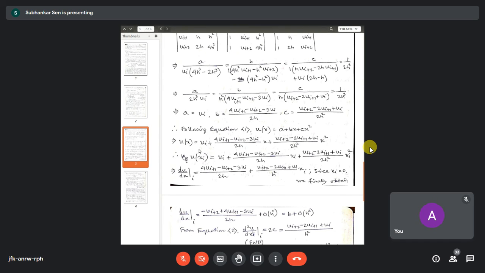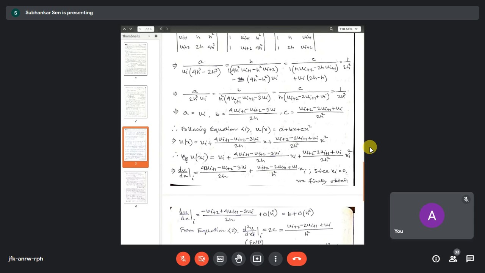Now, if this is your general expression for the polynomial, then du dx at the ith point: this term is 0, and with the x derivative, this will be 1. So you are getting this term. Okay. So du dx at point i will be this term. This is 0. This term is coming, plus x square will give you 2x. Okay. So 2 and 2 will cancel out. So you are left with ui plus 2, whatever is there, that we are writing here. So now we have to simplify here.